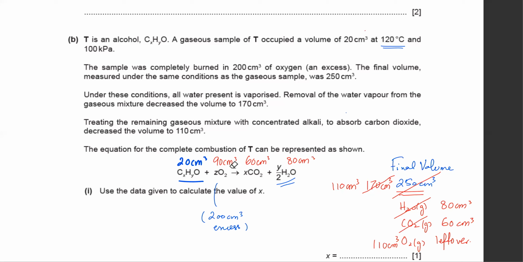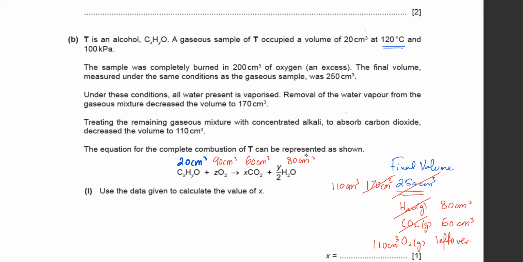Okay, so we found the volume ratio. Remember, for gases, mole ratio and volume ratio is exactly the same. But according to the equation, the first one has to be 1 mole. So the ratio is 20 : 90 : 60 : 80.